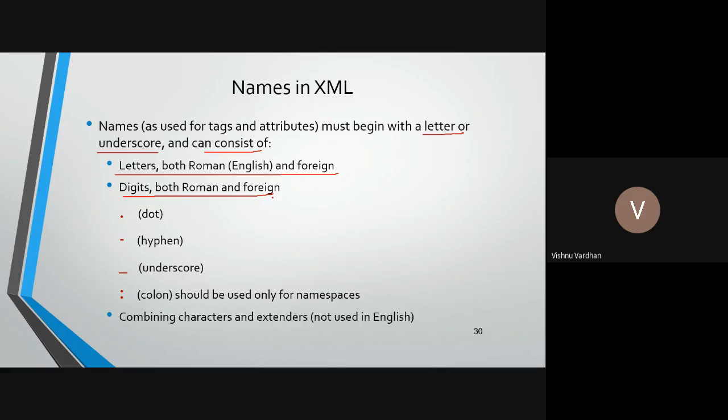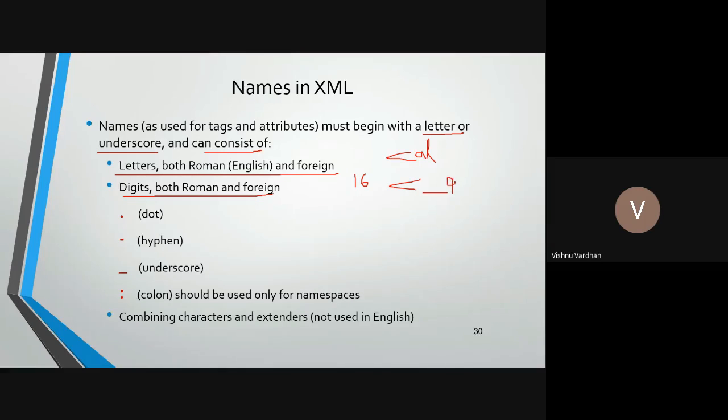If you take foreign characters, what will you have to do? You will have to take UTF-16. So in that way you have to take care. But moreover, every element should normally start with an alphabet. In case it is not possible for your document to represent that content, then you can take an underscore so that you are not starting with a number.